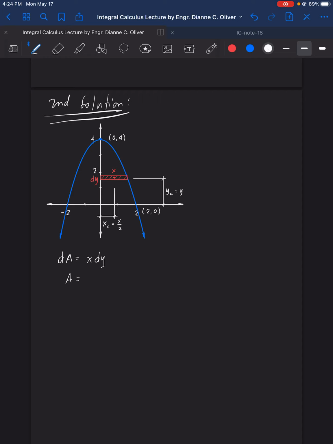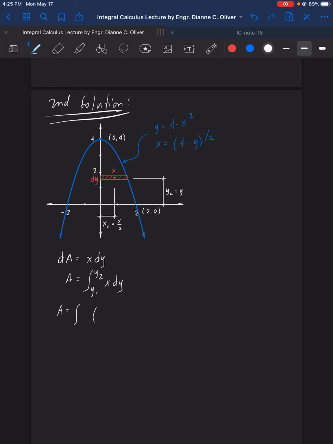Then we have here area is equal to integral of x dy, and the limits are y1 to y2 because we're using dy. So what's x here? Since we have the curve as y is equal to 4 minus x squared, therefore x is equal to 4 minus y raised to 1/2.